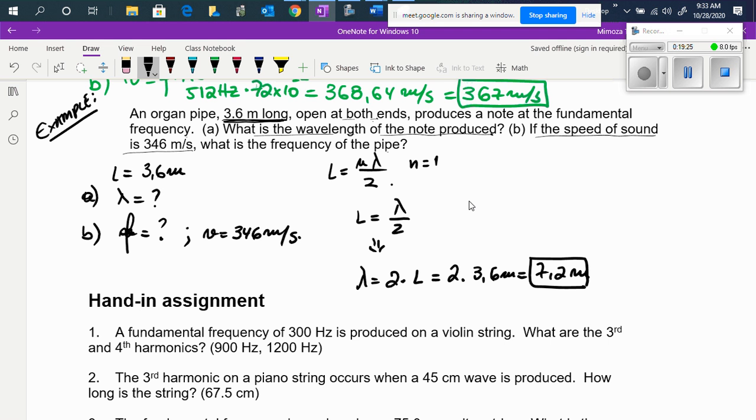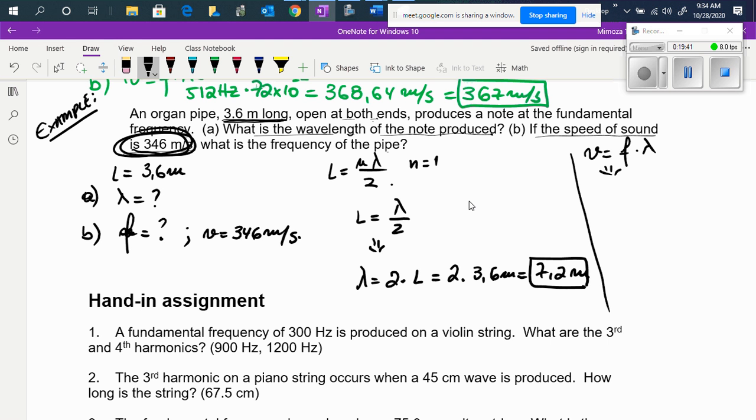So this is the wavelength of this particular sound. And now we know that the speed of sound is 346 meters per second, based on the universal equation of the wave that says V is equal to F times lambda.